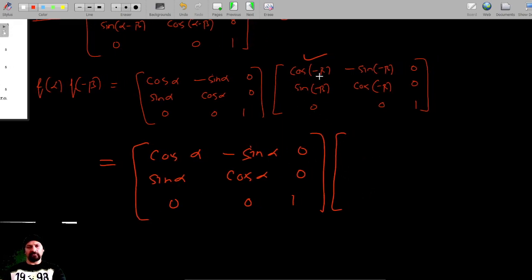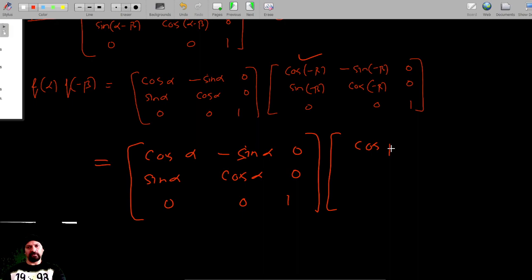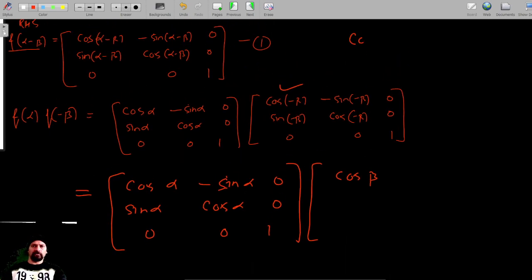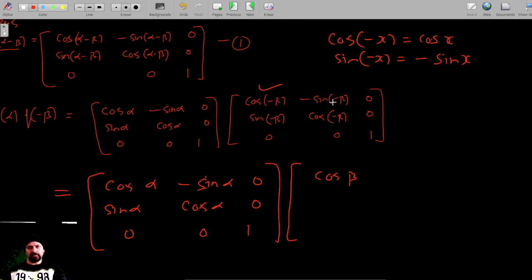Now cos of minus beta is cos beta, because we know that cos of minus x is cos x, and the sine of minus x is negative sine x. This is cos beta, and minus sine of minus beta is minus sine beta, minus minus is plus. So this is sine beta, 0, and this is negative sine beta, cos beta, 0, 0, 0, and 1.